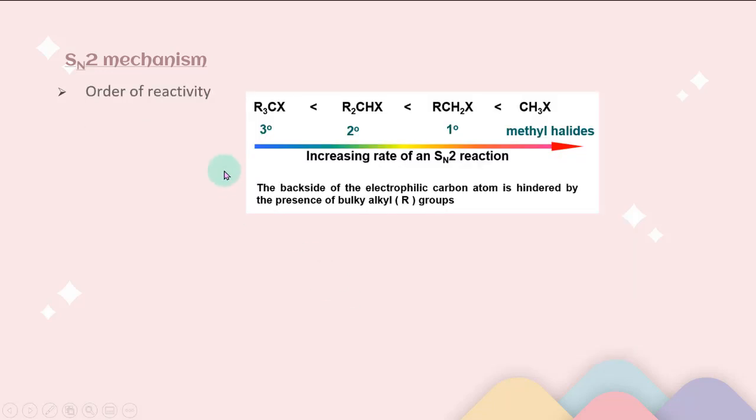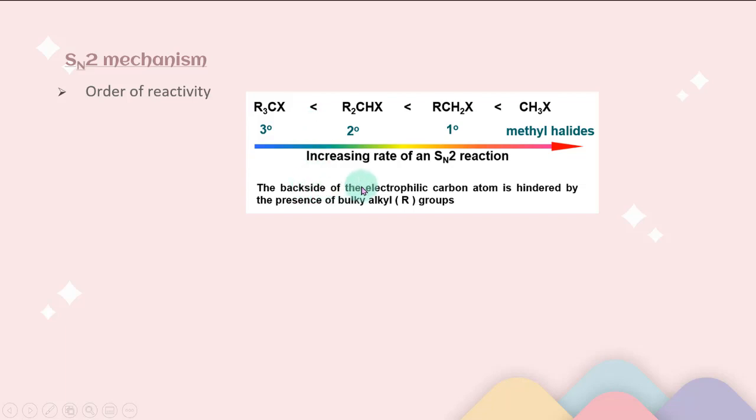So the order of reactivity for this SN2 mechanism: the least reactive will be your tertiary haloalkanes. And then increasing the rates, secondary haloalkanes, followed by primary haloalkanes. And the most reactive one is your methyl halides. Okay, and as methyl halides have a very simple structure, it enables the backside attack. And why do the tertiary and secondary haloalkanes have lower reactivity?